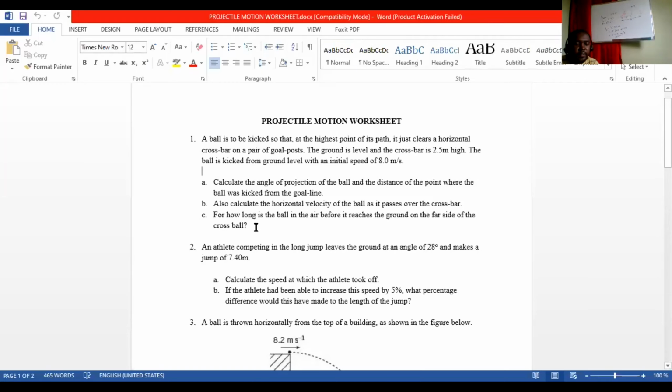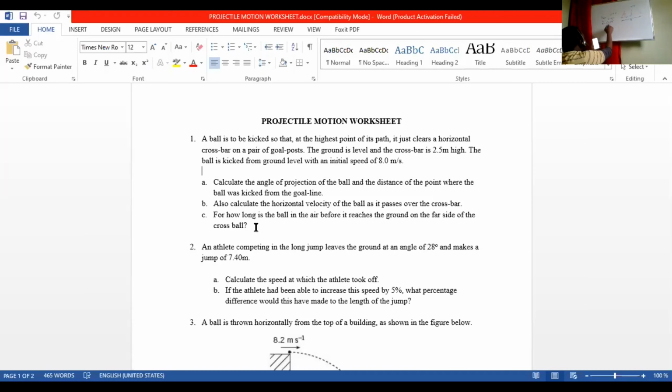All right, and the last question for question 1. For how long is the ball in the air before it reaches the ground on the far side of the crossbar? So now we need to find the time it takes for the full trajectory of this ball. All right, so if we're finding the total time it takes, we can also use this equation.